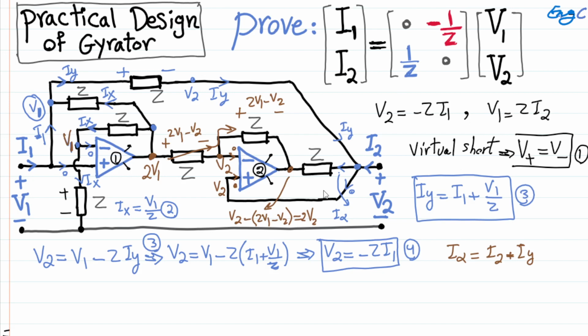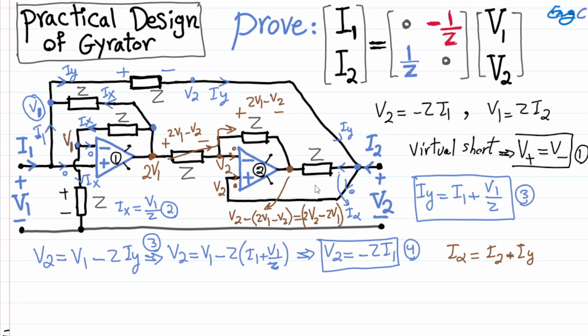I'm going to move this I alpha here. So I get 2V2 minus 2V1. That's the total voltage at this node here.